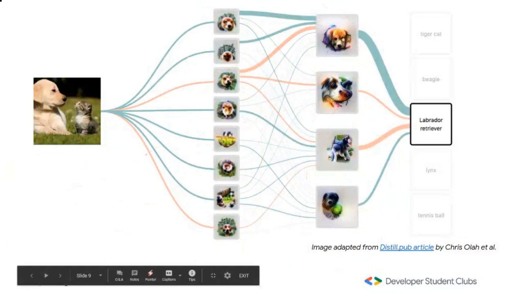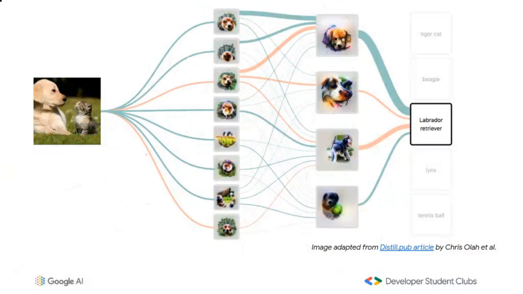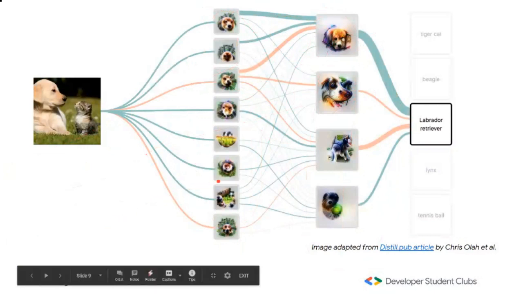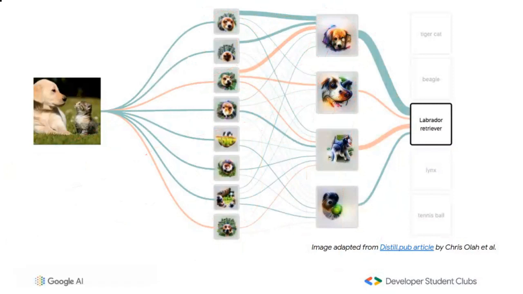But how does a neural network learn from feedback? Neural networks were loosely modeled after the biological brain, as I've already told you. The connections between the neurons can be strengthened and weakened using weights and biases. So here comes the new terminology, weights and biases. I will tell you what these are. For example, when a dog receives a treat and a pat on the head for retrieving a ball, it is more likely to do it again.